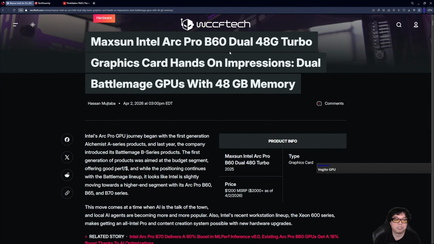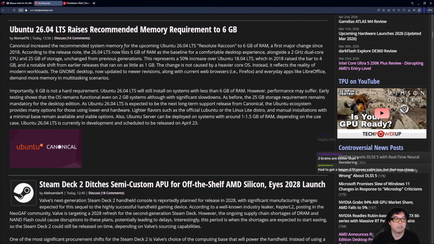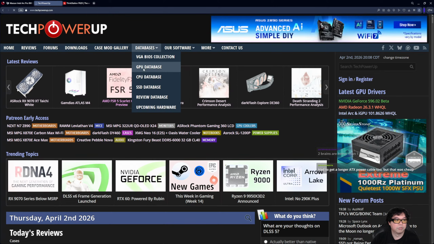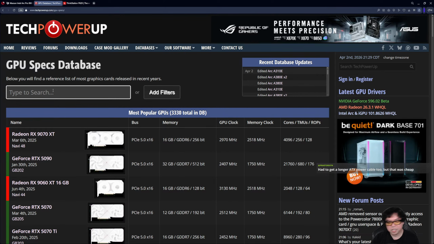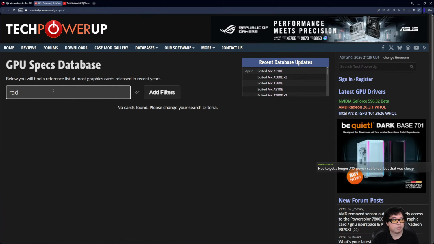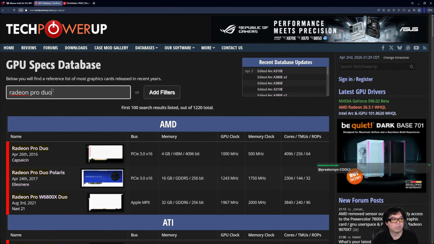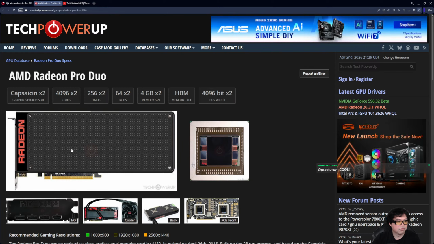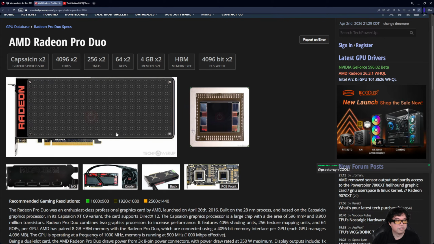So, pretty interesting GPU. We haven't seen one of these in a long time from either AMD or Nvidia. The last time I saw something like this was the Radeon Pro Duo, 2016. Yeah, this thing.